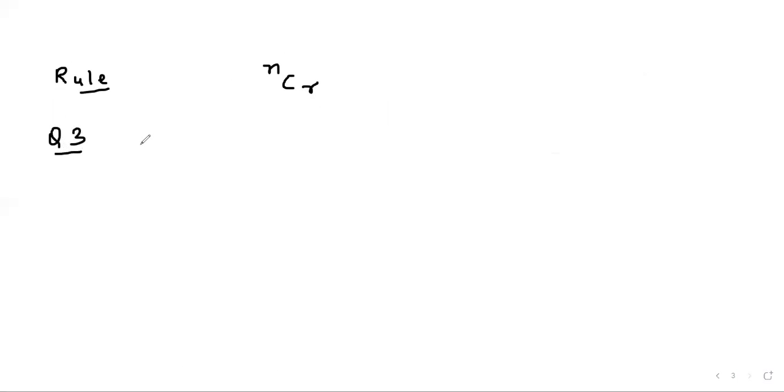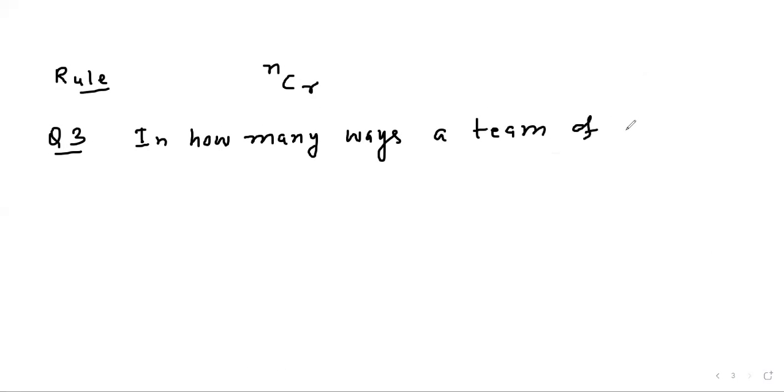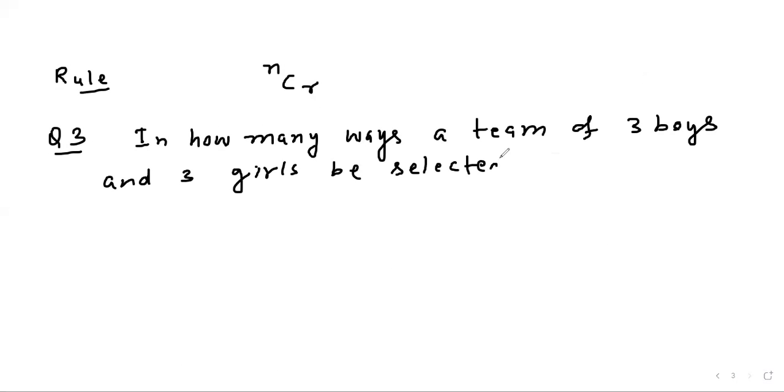Question number 3: In how many ways can a team of three boys and three girls be selected from five boys and four girls?